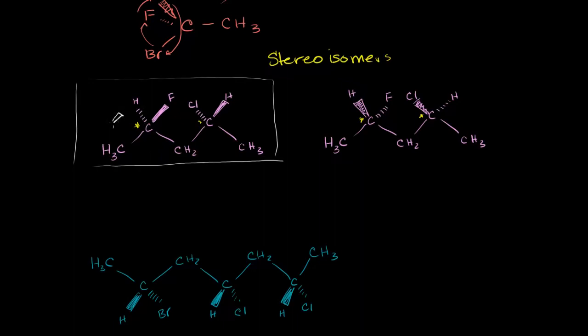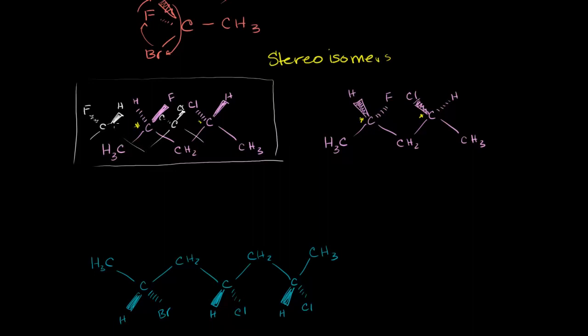So in the mirror image, you would have a hydrogen that's pointed out, and then you would have the carbon, and then you would have the fluorine being further away. And same thing in the mirror image here, you would have the chlorine coming closer, since this chlorine is further back, closer to the mirror, and then you would have the hydrogen pointing outwards like that. And then obviously the rest of the molecule would look exactly the same.